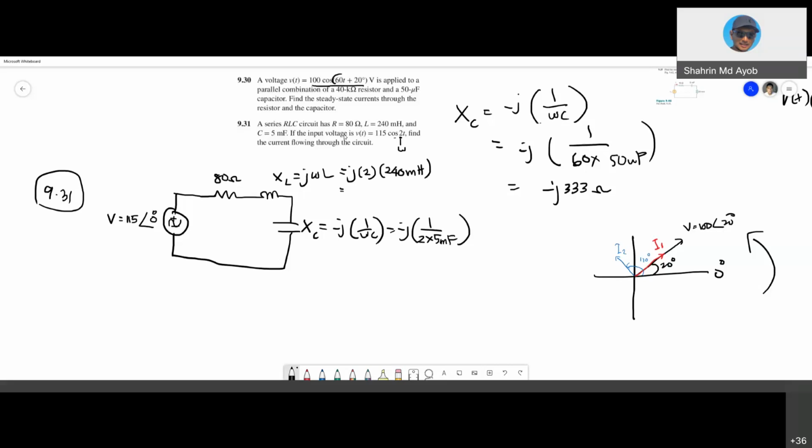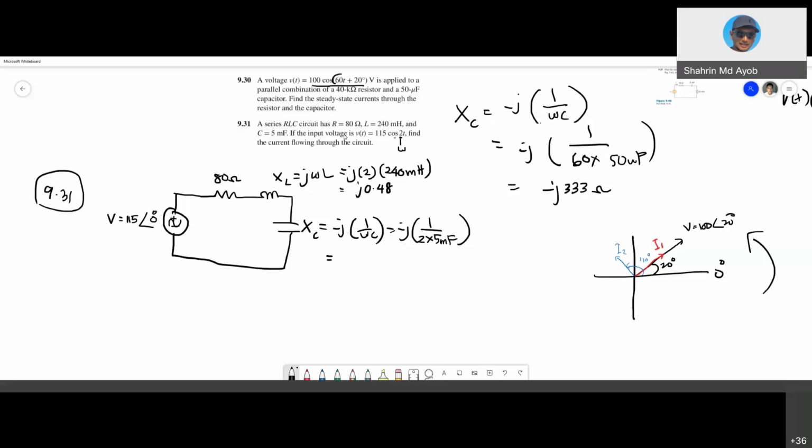240 milli multiplied with 2, so 0.48. And the capacitor value is 2 multiplied with 5 milli, sorry, this one is milli, so 0.01.